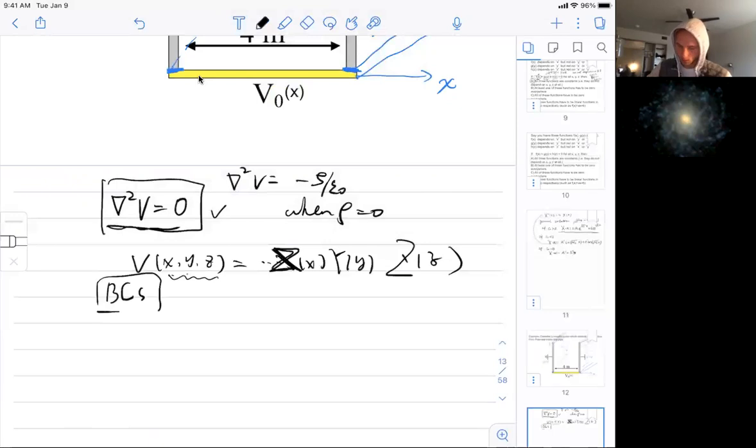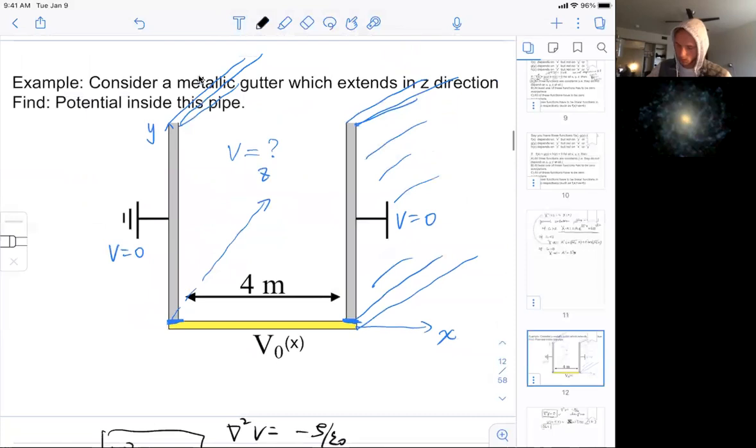Sometimes you only have dependence on one or maybe two variables. So in this case, do you think we can simplify? Do you think the potential inside this pipe depends on x, y, and z, all of them, or on one or maybe two of them? I think it's going to depend on x and z.